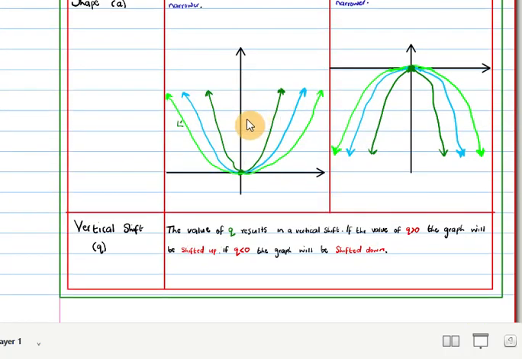Look at this graph. In this scenario, Q is greater than 0 and A is greater than 0. So your graph is smiling. You get my point? The graph is smiling, Q is greater than or equal to 0, and A is greater than 0. So your range starts here.